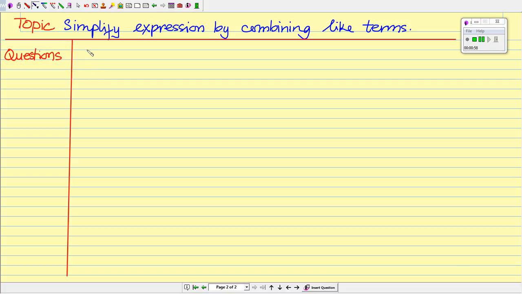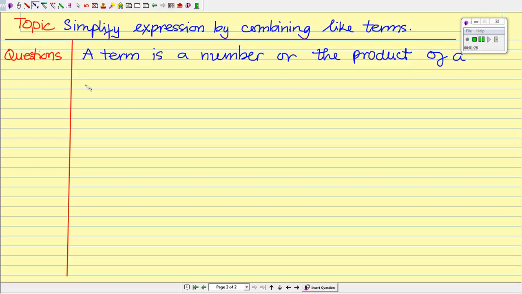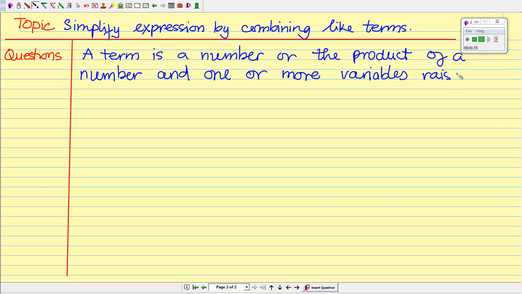So what is a term? A term is a number or the product of a number and one or more variables raised to a power.